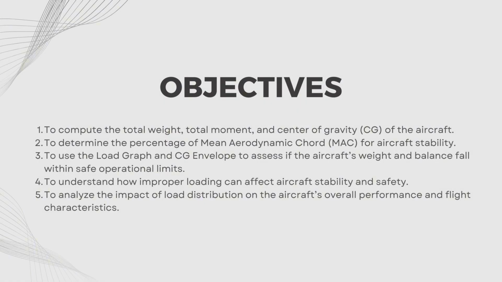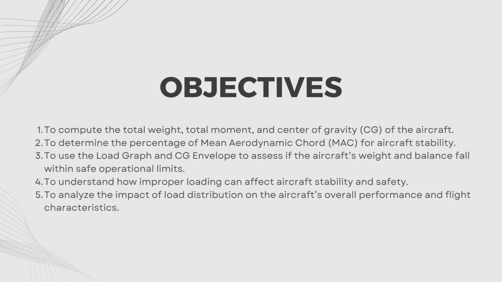Before we proceed to the main discussion, here are the objectives of our activity. First, we aim to compute the total weight, total moment, and center of gravity, or CG, of the aircraft. Second, we need to determine the percentage of the mean aerodynamic chord, or MAC.